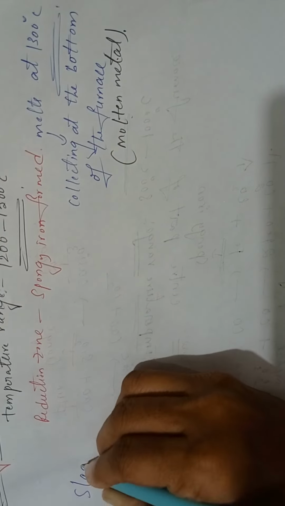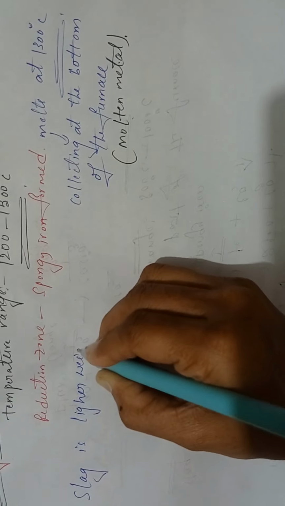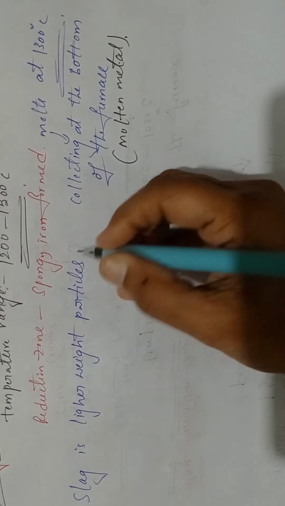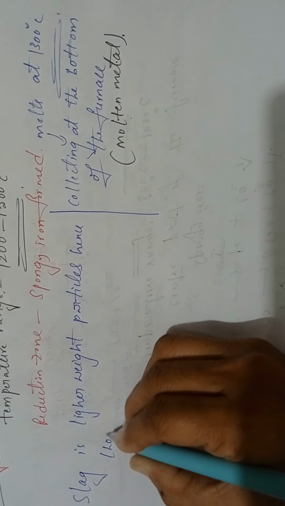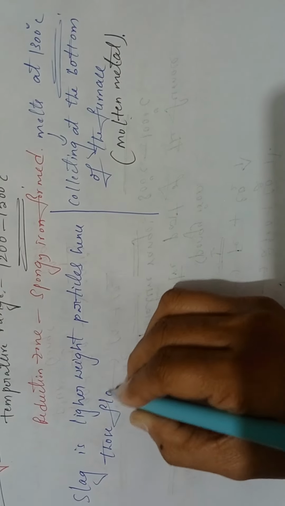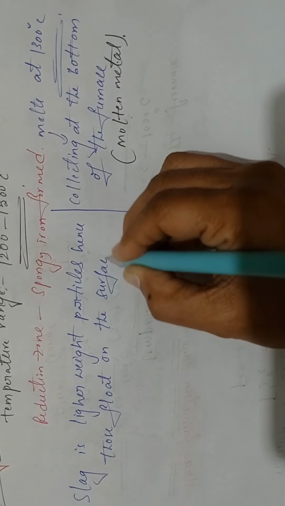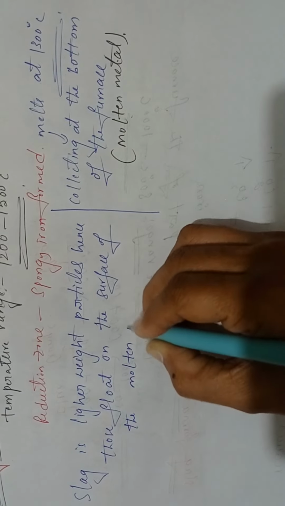Slag is lighter weight particles, hence those float on the surface of the molten metal. Are you clear?